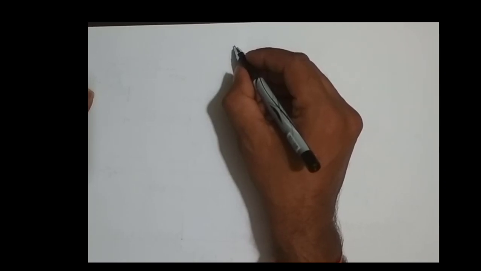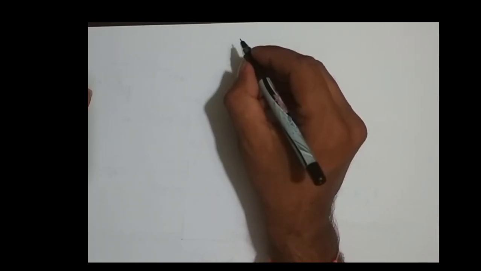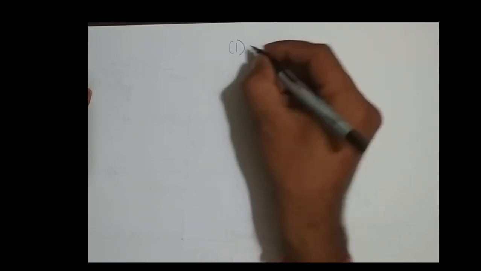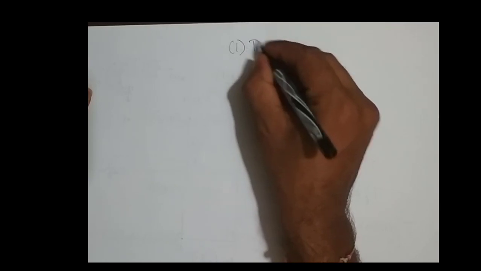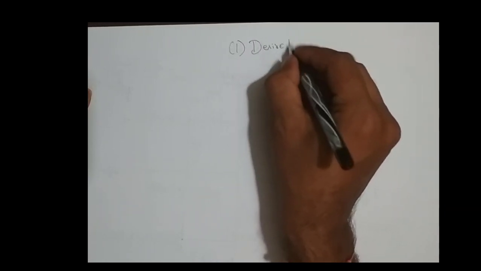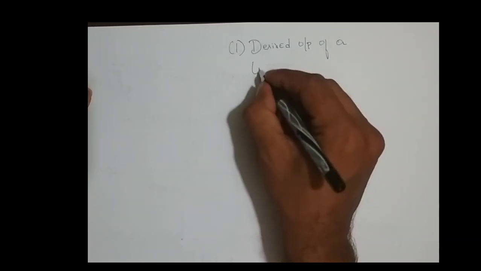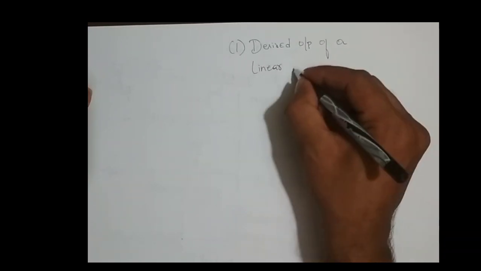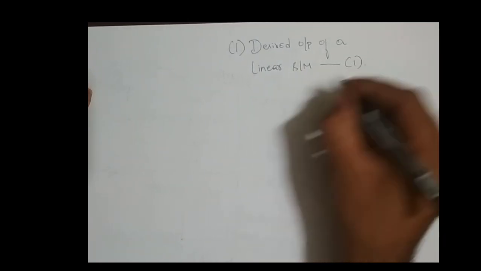In lecture 1, we discussed how we check for the linearity property of a system. Let me recall it again. In order to check for it, we need to have two equations. One is the desired output of a linear system, and we call it equation 1.